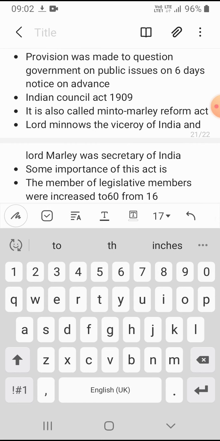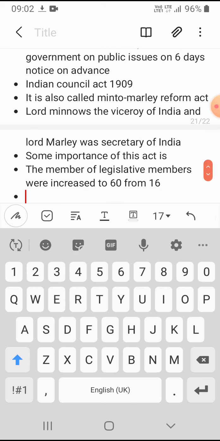It was 16 at that time, and they increased it to 60. Minto and Morley, the Secretary, increased this number.